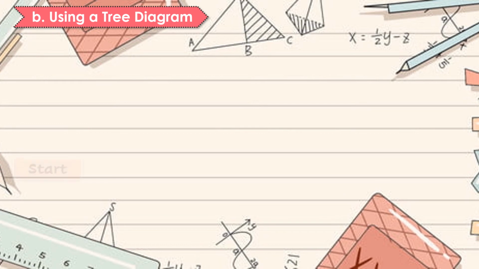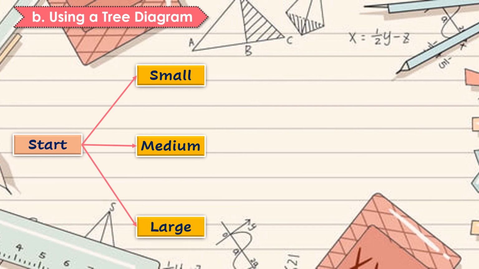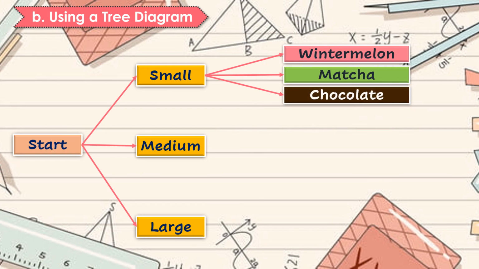Using a tree diagram. Ayan. So again, magkakaroon tayo ng starting point. And then, our cup sizes. The small, medium, and large. Unahin natin ang small. Mayroon tayong 3 choices of flavors. Ang winter melon, matcha, and chocolate.